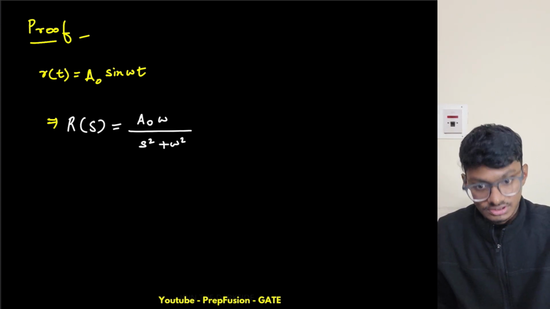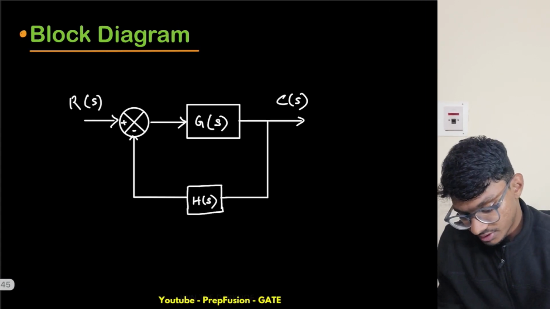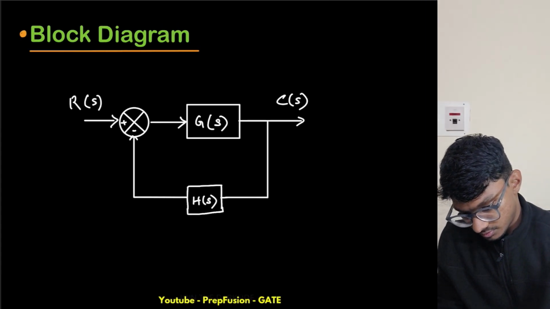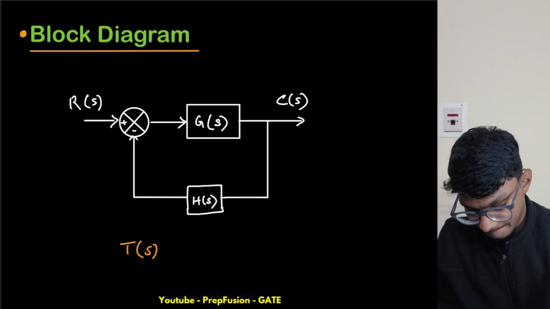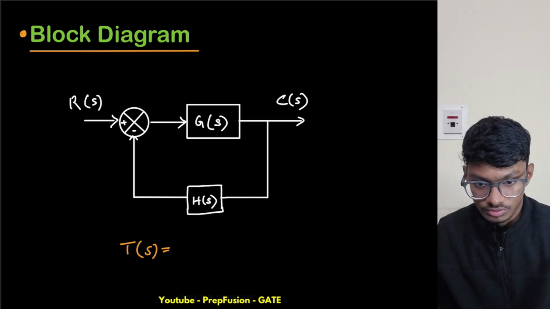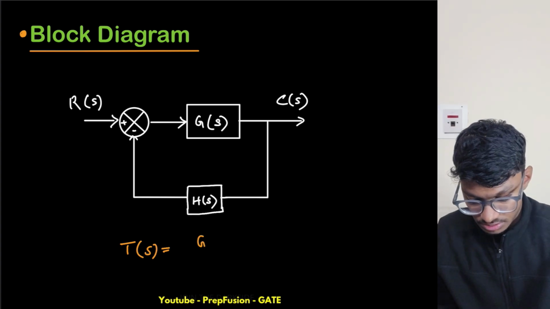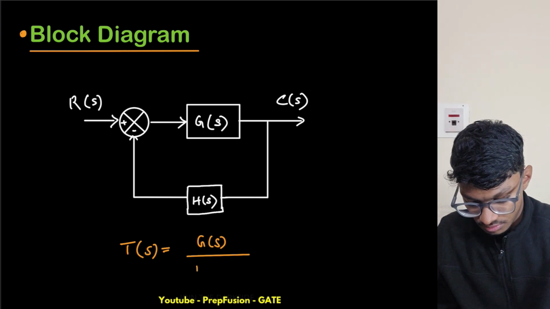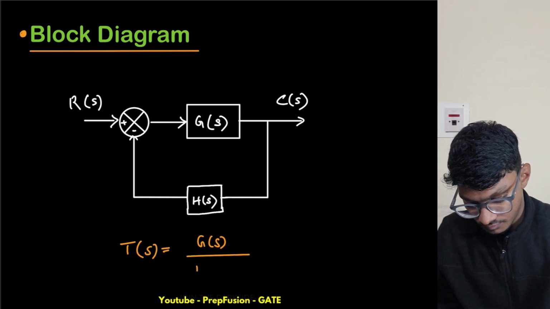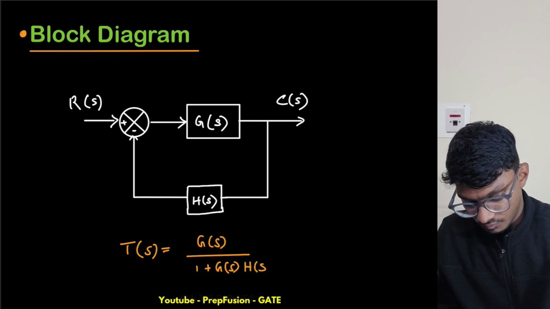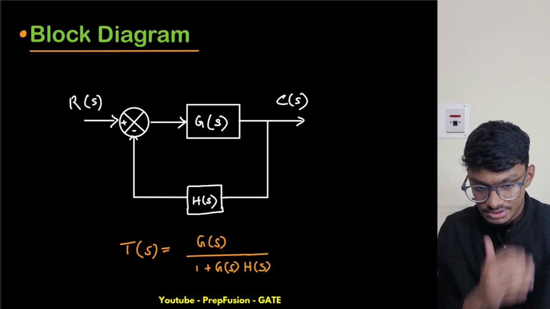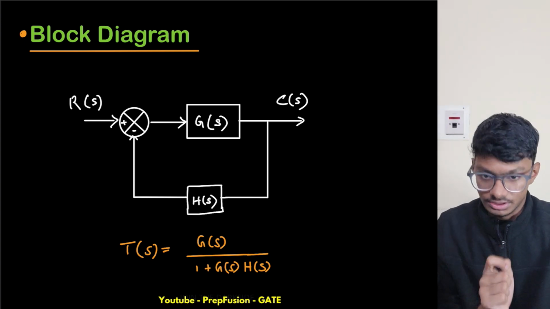Now, what is my transfer function? My transfer function is basically g of s upon 1 plus g of s into h of s. So this is my transfer function.